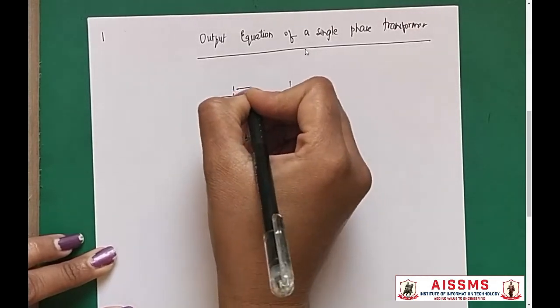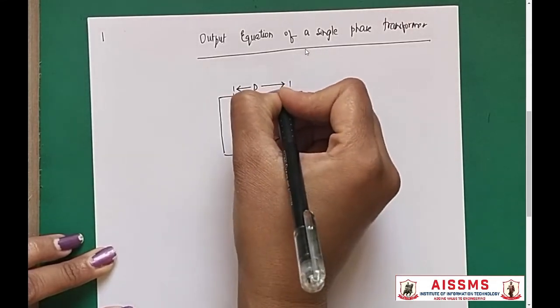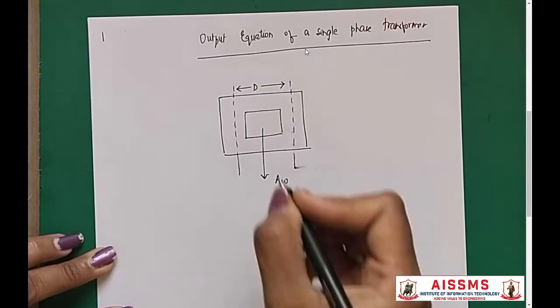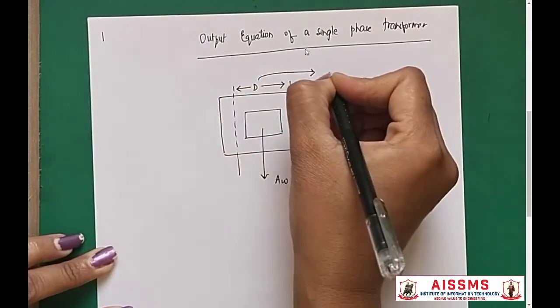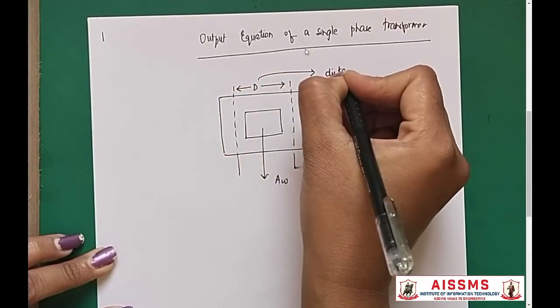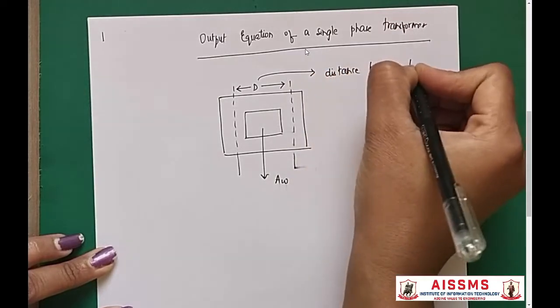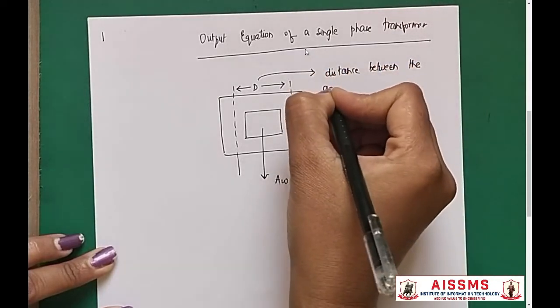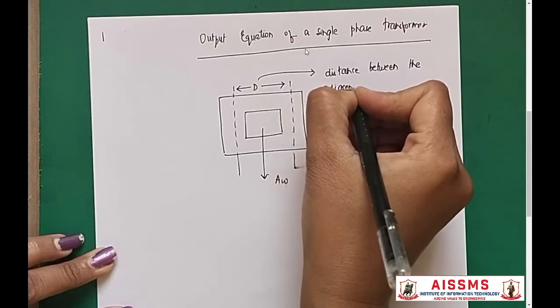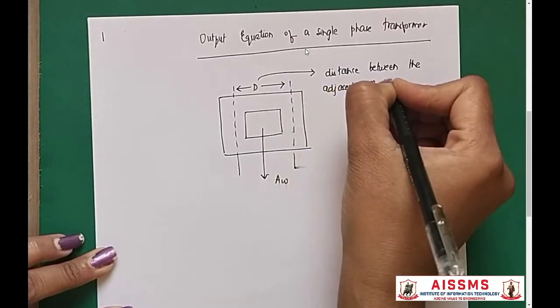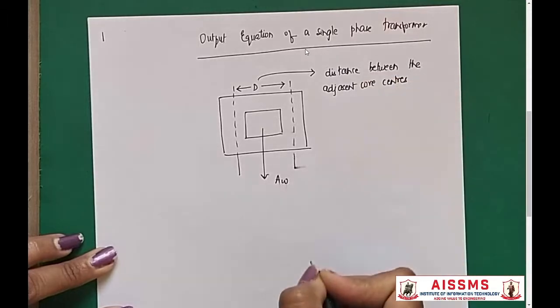This distance is denoted by capital D, which is known as the distance between the adjacent core centers.